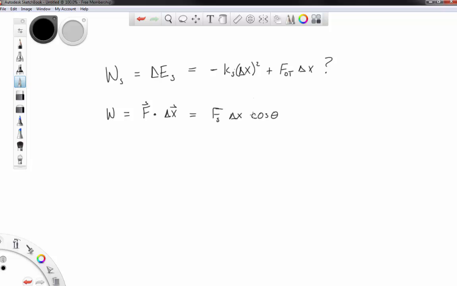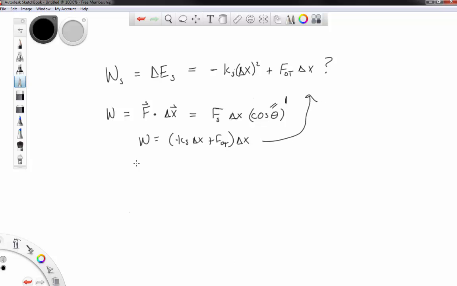And since the spring is always going to be displaced in the same direction as the force, this angle right here is actually 0 degrees, and hence the cosine is 1. So you might expect something like work is equal to ks delta x plus this initial tension times delta x, and hence to look like this expression.